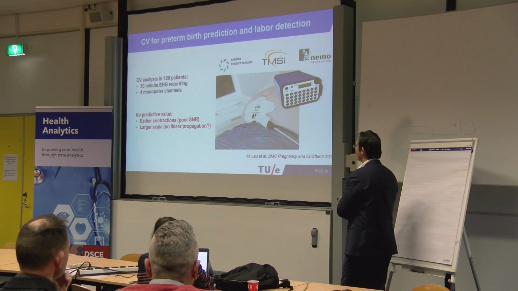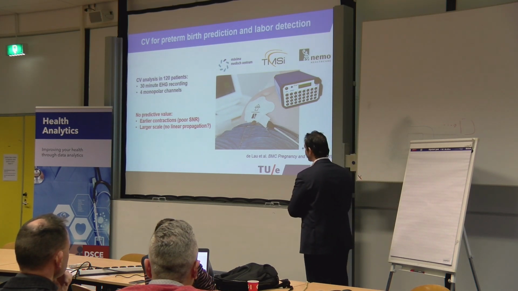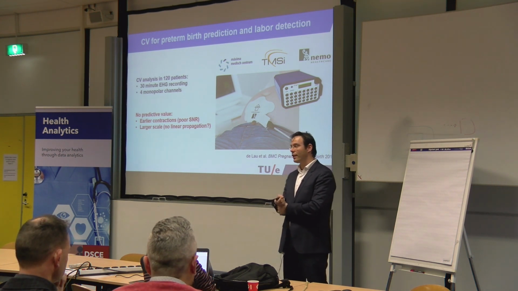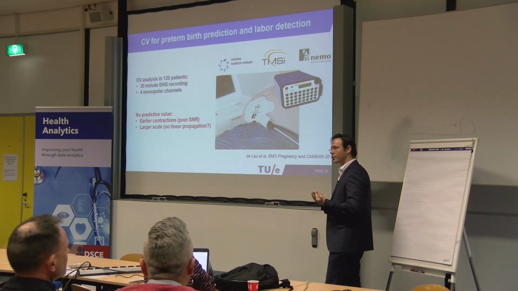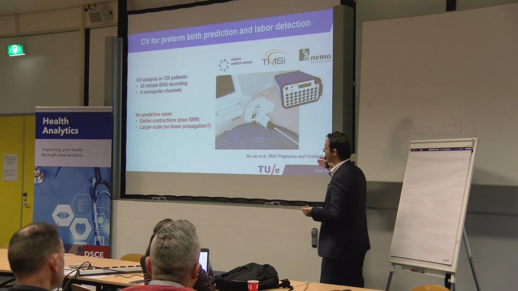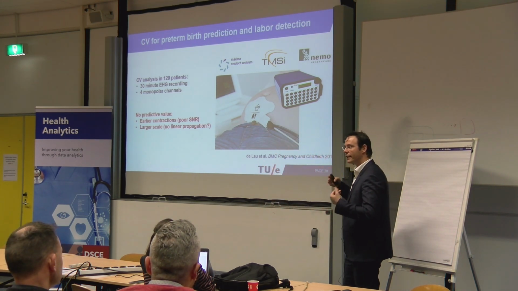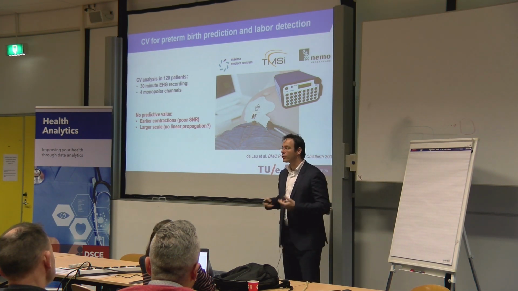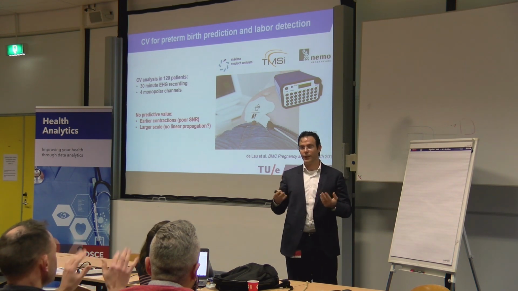One reason could be that everything I had shown until now was in labor, with very strong signals, very strong contraction, very good signal-to-noise ratio. These contractions are measured even at 30 weeks, so very early. These are all patients that approach the hospital because of preterm contractions.